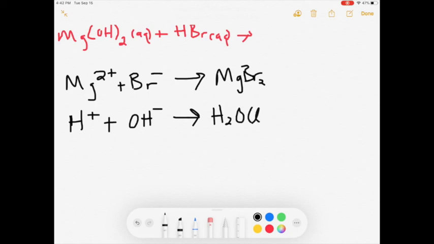Water is going to be a liquid, so just put an L. MgBr2, so we see bromine is soluble, magnesium is not an exception, so it's aqueous. Okay, so we can rewrite them up here. MgBr2 plus H2O, liquid.